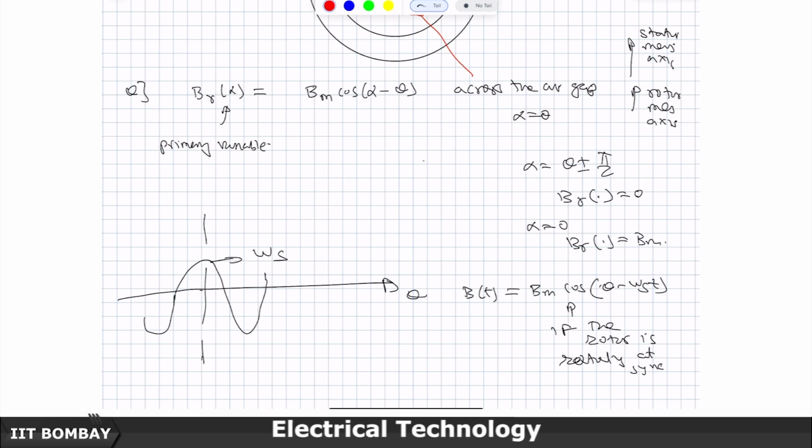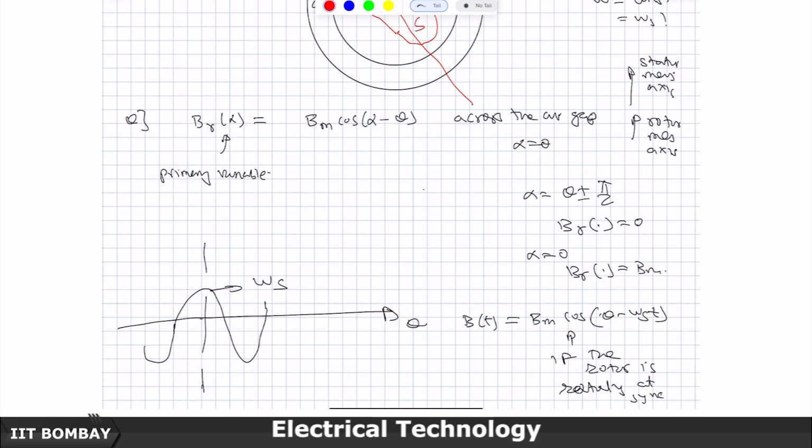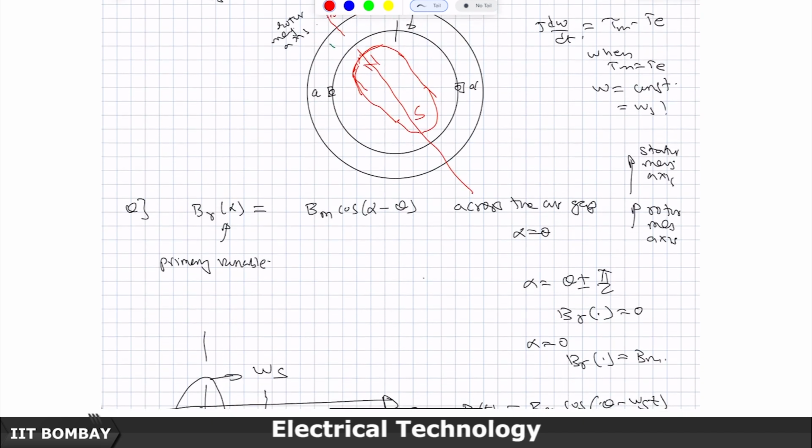It will create a travelling wave like this, but I do not need the travelling wave right now; in your mind I am trying to build up the picture. Right now the rotor is kept at angle theta, I am not rotating anything, and I am asking, please tell me what is the flux distribution across the space.